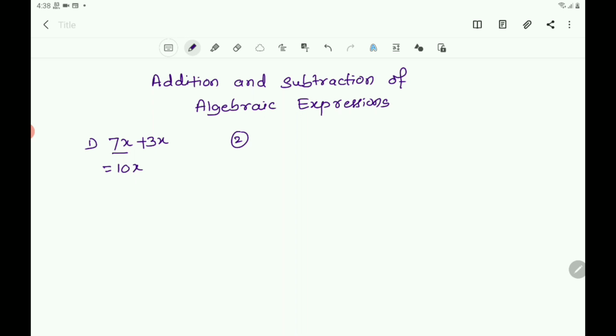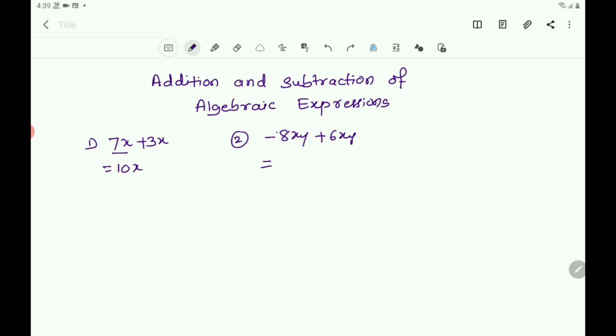Then the second one, you take minus 8xy plus 6xy. If you want to add these two terms, first verify whether they are like terms or not. xy is there, so you can consider that these two are like terms. The numerical coefficients are minus 8 and 6.